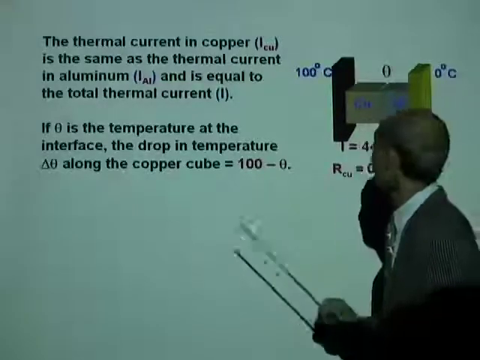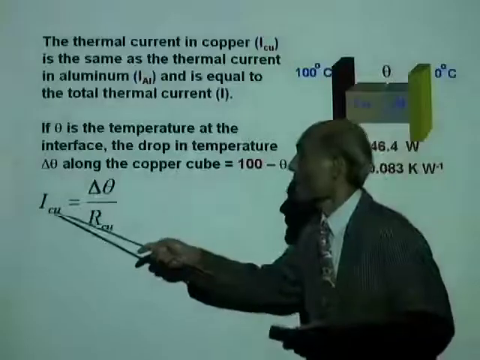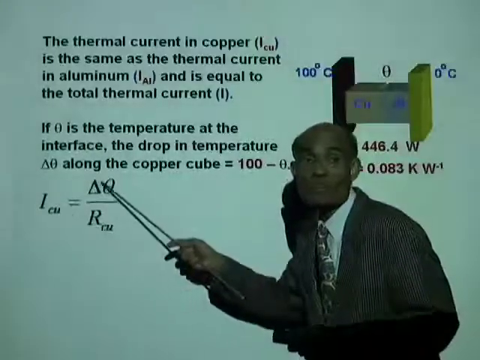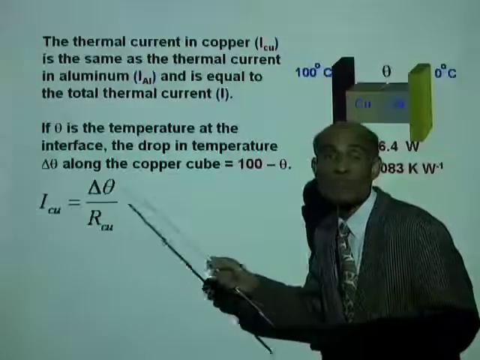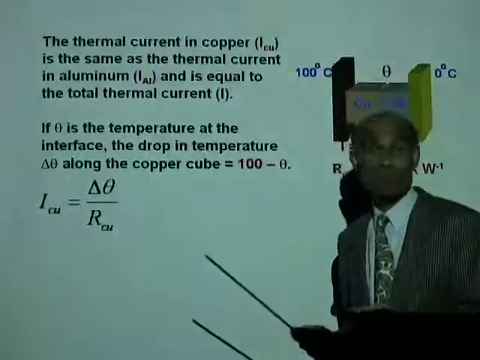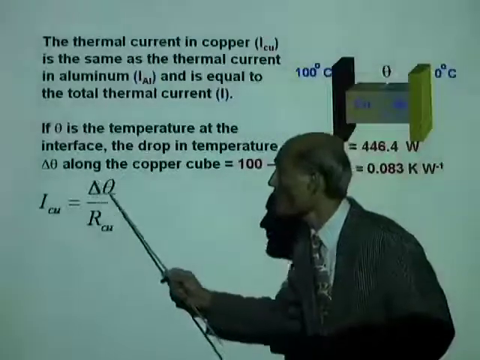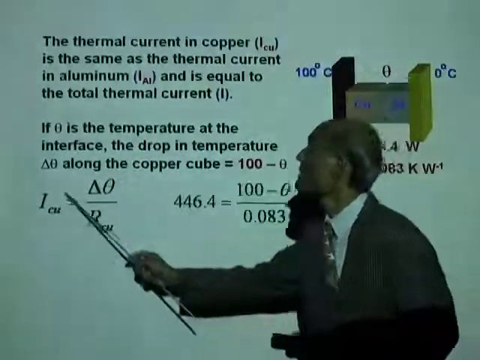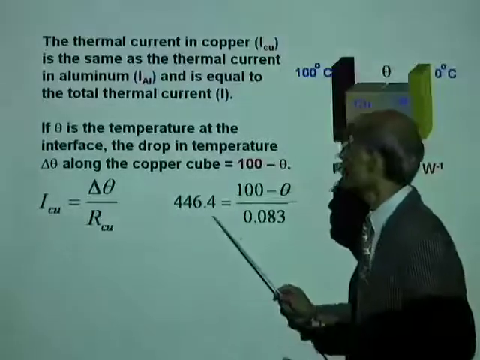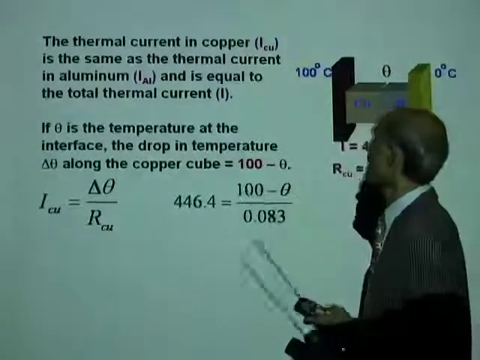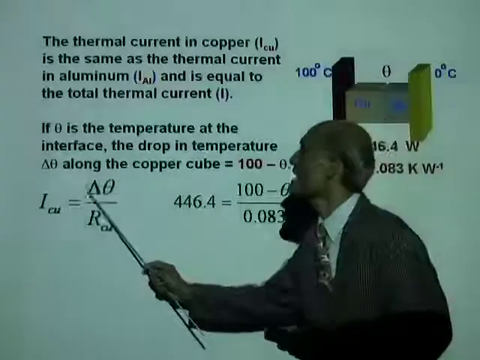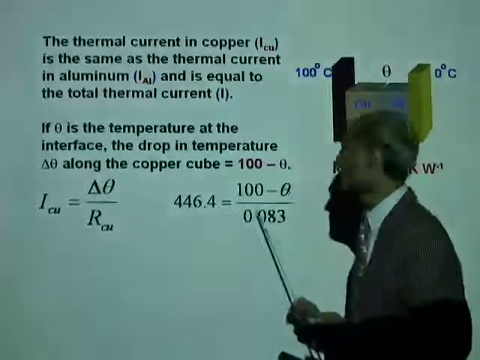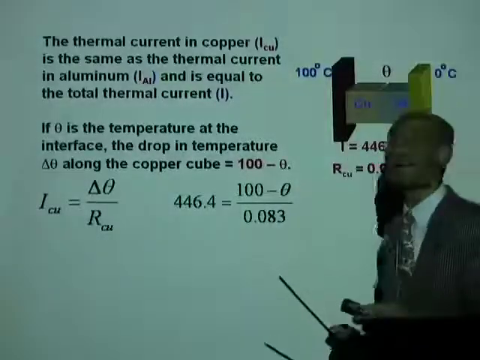And now you know that I copper equals delta theta divided by R copper, and therefore 446.4 equals 100 minus theta divided by 0.083.